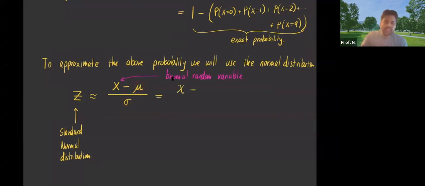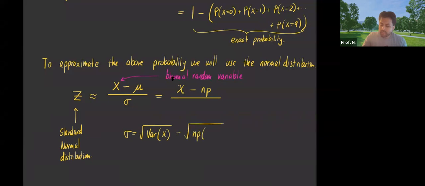Well, the mean is the mean of the binomial distribution, which is what? np. And the standard deviation is the square root of the variance. But we discussed what the variance was. Do you guys see that? So that's what we're going to do. We're going to find the expected value.